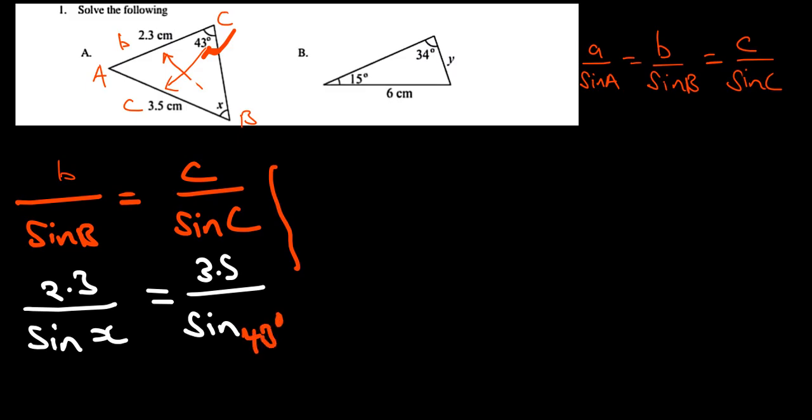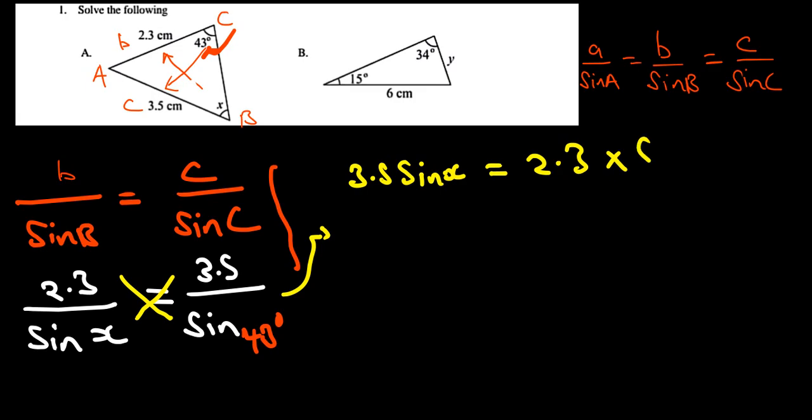From here we're just going to cross multiply. When we cross multiply, we have 3.5 sine x equals 2.3 multiplied by sine 43.